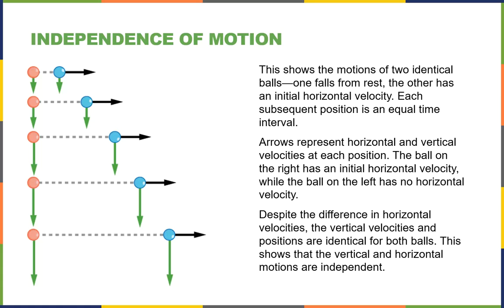If I throw it to the corner of the room, it was going up and down exactly the same as it would have if I'd thrown it straight up. And then it was going horizontally in a different manner, and we'll work with these problems starting Friday. But the 2 directions of motion were independent.